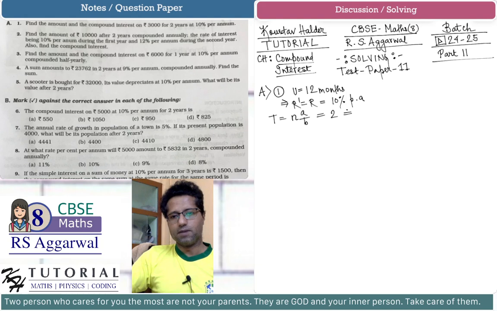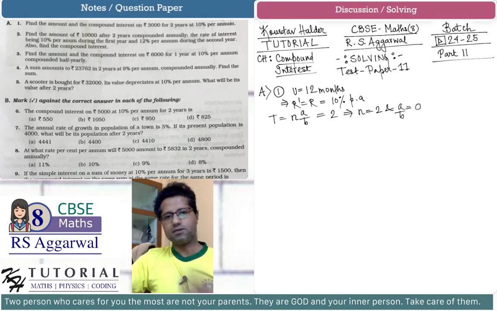So this will imply that N is equal to 2 and the fraction A by B equals 0. Which essentially means that the time period of 2 years does not have any fractional part. When you denote it in the mixed form, it is basically 2. That is, it has no fractional part. A by B is the fractional part and N is the whole part.